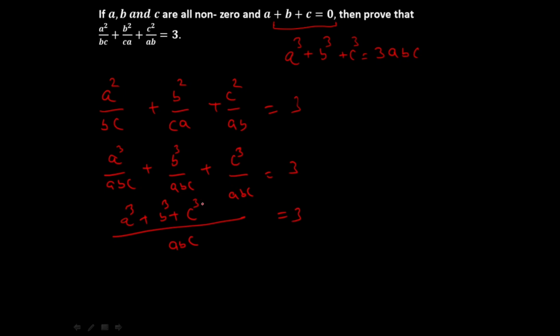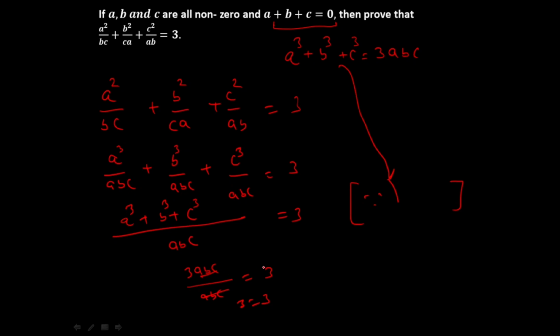Now this value is already given here in this question. So 3 times abc divided by abc equal to 3. This gets cancelled, hence proved. You can write this portion here because this happens, that's why we change this by that.